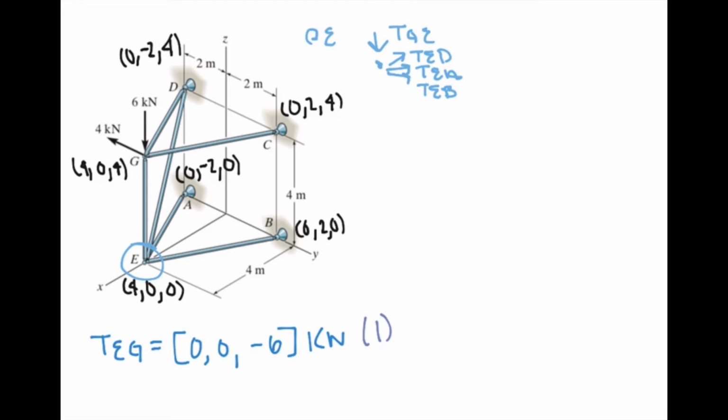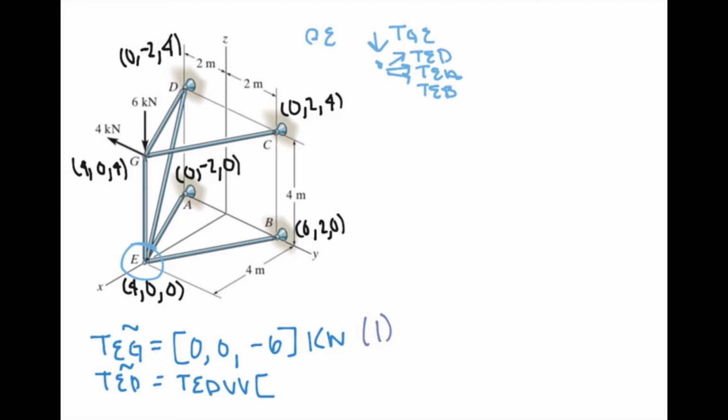Next, we're going to focus on TED. Again, remember that formation we want to be using. TED unit vector, again, we need to focus on that unit vector and the points.